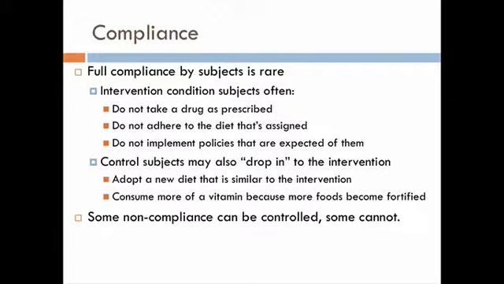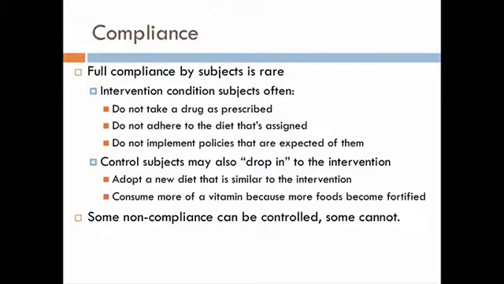And then, another example: say you're testing the effect of a vitamin, or folic acid supplementation, right? And then all of a sudden there's some change in policy or the food industry, and foods become fortified with folic acid, which is what happened in our country. We can't actually in our country test the effects of folic acid in a randomized controlled trial because so much of our food supply is fortified, with breads and cereals and all that type of thing.